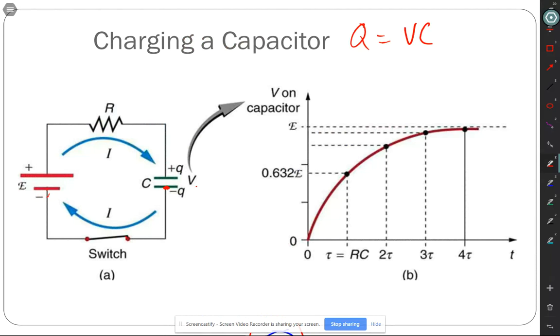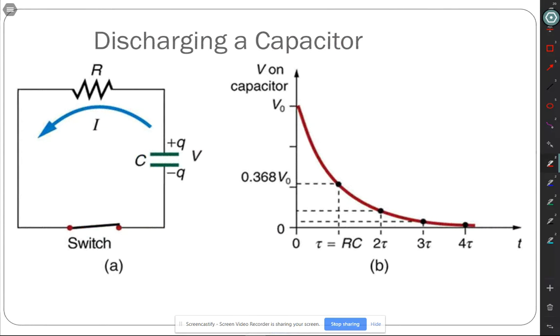Okay, I spent way too much time. I did not intend to spend that much time at all on capacitors. The discharge is basically the same calculation as we did. It's just you start without a battery and you just have this discharging, so the voltage across the resistor is equal to the voltage of the capacitor. And so the current is proportional to the voltage of the capacitor.